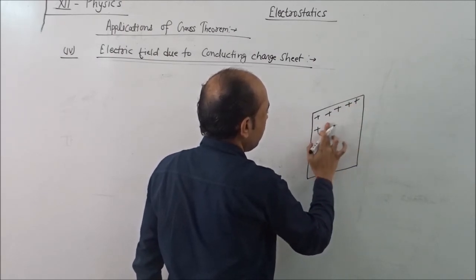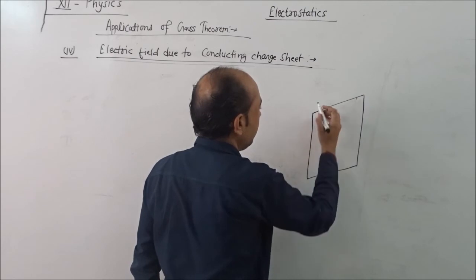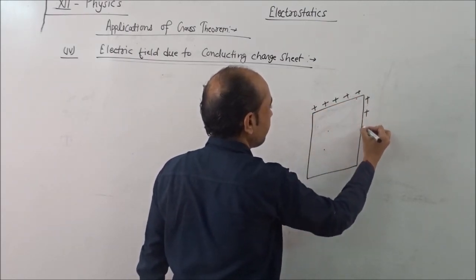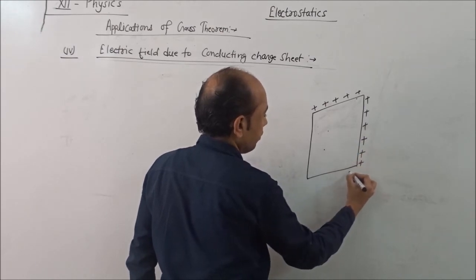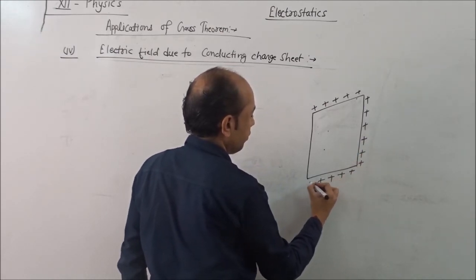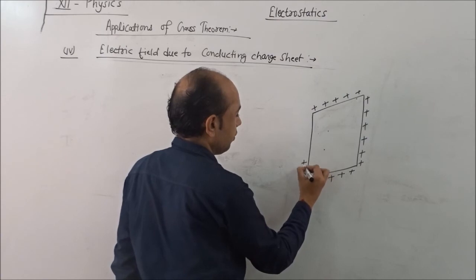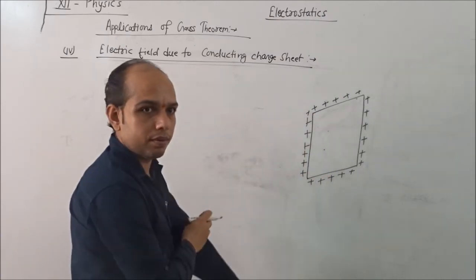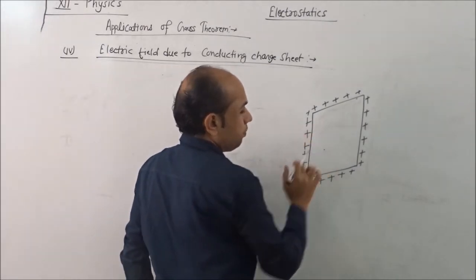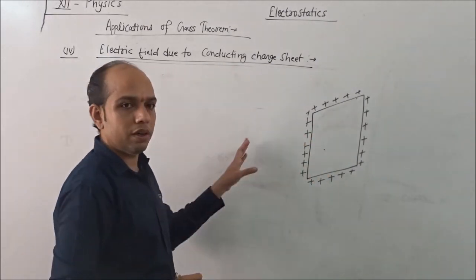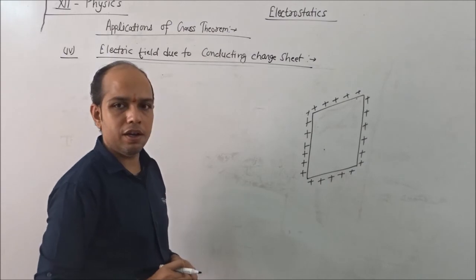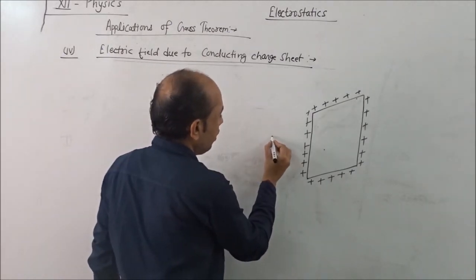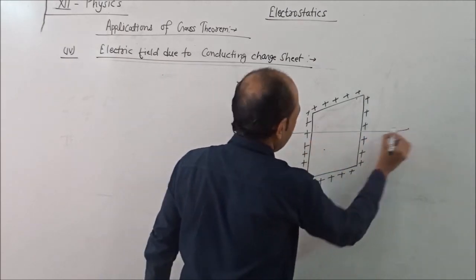Because of the conductor, all the charges reside outside the surface. Now in order to calculate the electric field, again we require an imaginary Gaussian surface. So simply we draw the imaginary Gaussian surface like a cylinder.